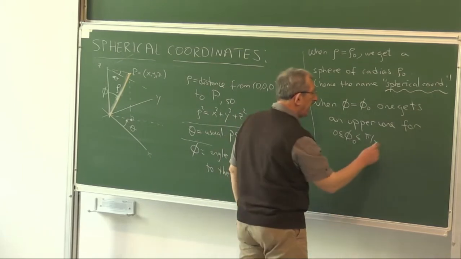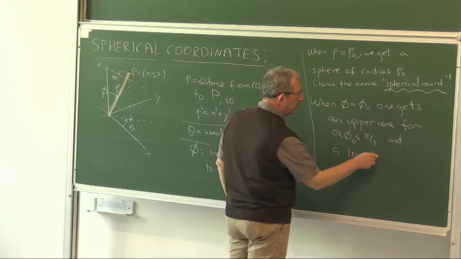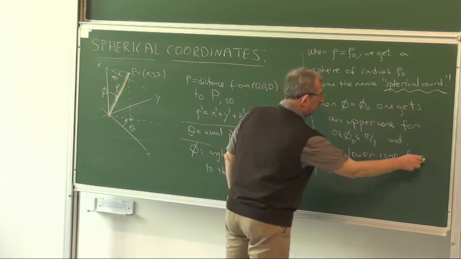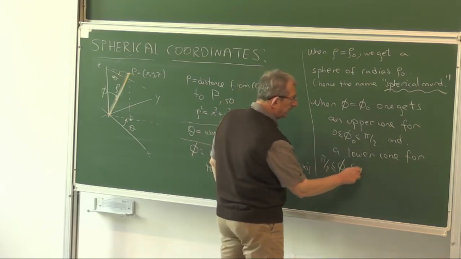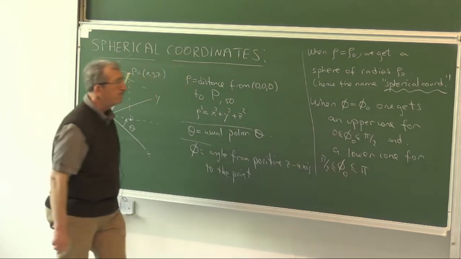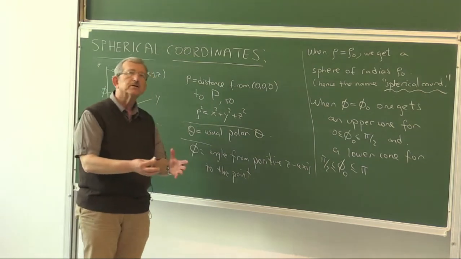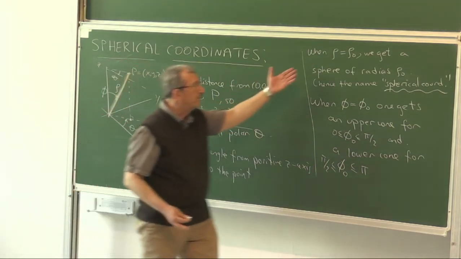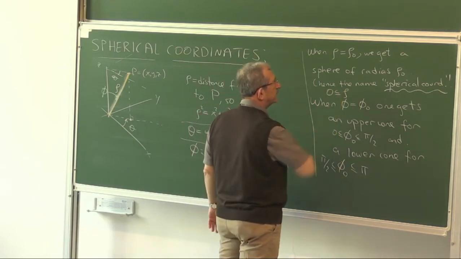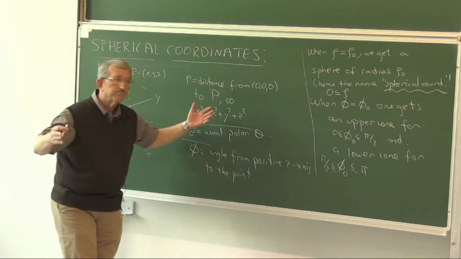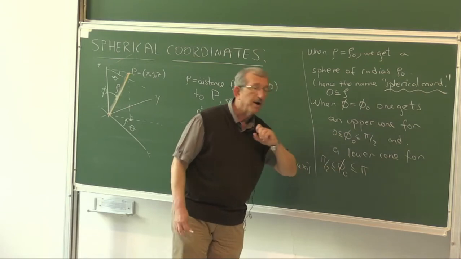And a lower cone for phi 0 between pi over 2 and pi. So these arguments also determine the boundaries of these variables. Maybe we should say that rho is positive, but it can go up to infinity. But phi is between 0 and pi.